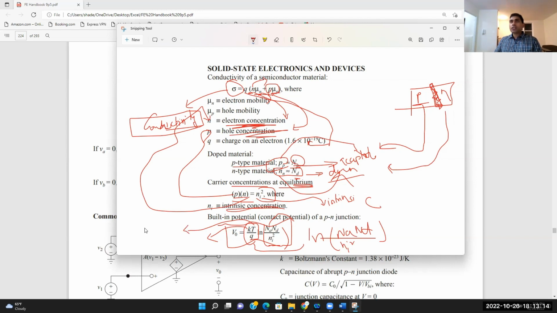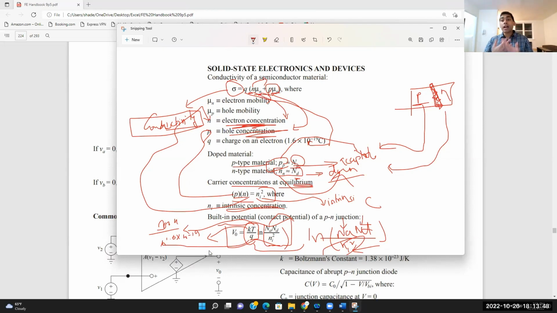Usually we can assume the temperature is 300 Kelvin or 298 Kelvin, whatever it is, and you divide it by the charge, which is 1.6 × 10^-19. This is a constant value, you can just figure it out. So the concentration of the acceptor, the concentration of the donor, and the intrinsic semiconductor concentration, which is more or less fixed, affect how much the built-in voltage is.